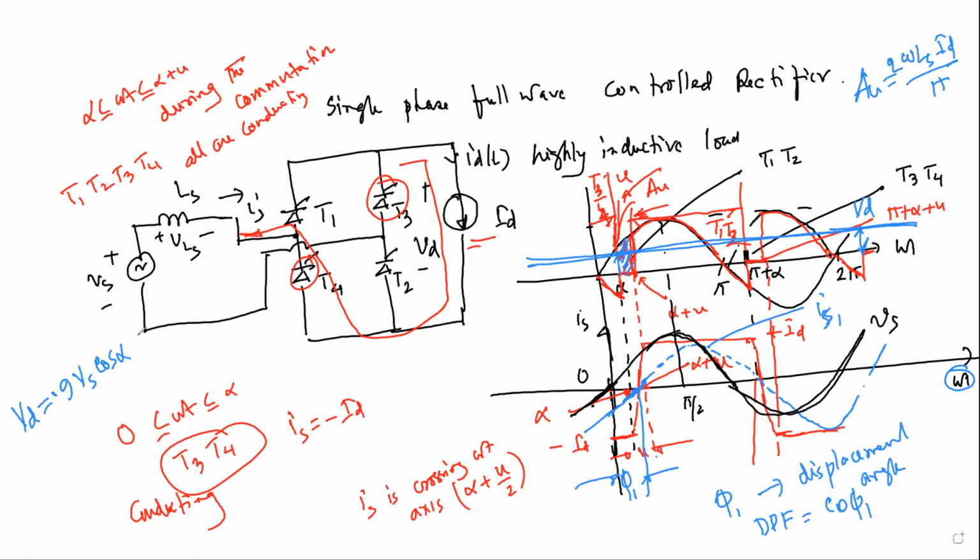If there is no Ls, then we have lost the area omega Ls Id. The area will be this one. But if you want to take the voltage we have lost, that will be Au by pi. Right? So that we have to deduct this one. So until this we have covered in the last class. Right? Yes, sir. Okay.